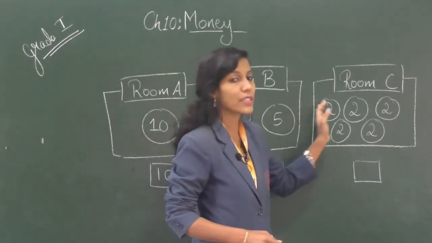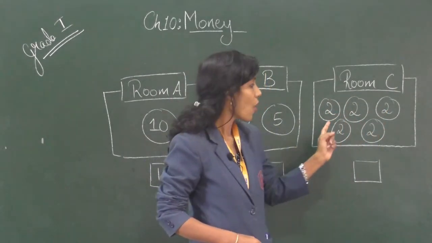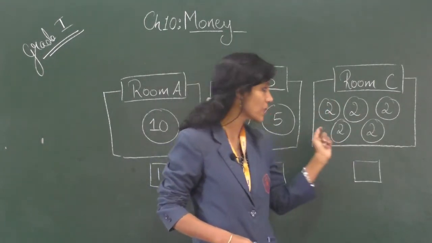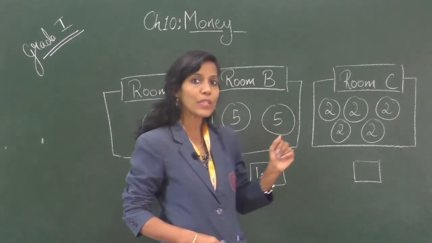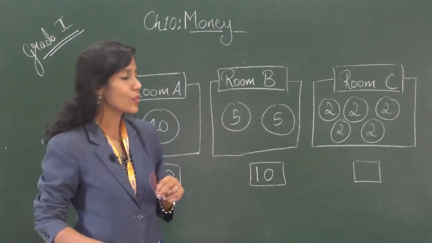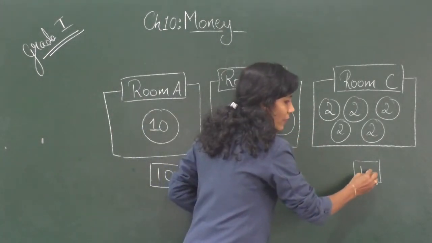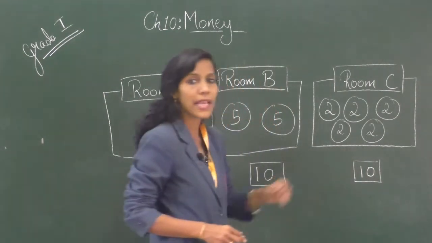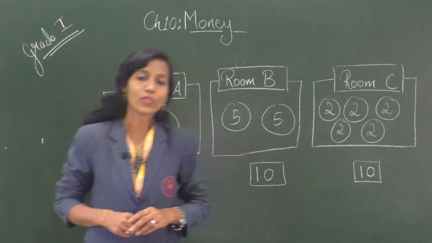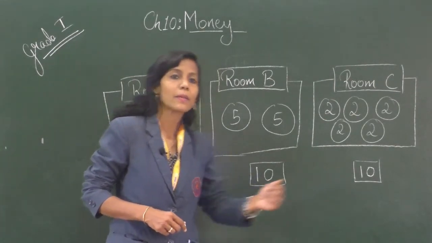Now the third one has 5 coins of value 2 each, so 5 groups of value 2 each. 5 into 2, again we have 10. So when 5 coins of 2 rupees are added together, the value we get is 10.